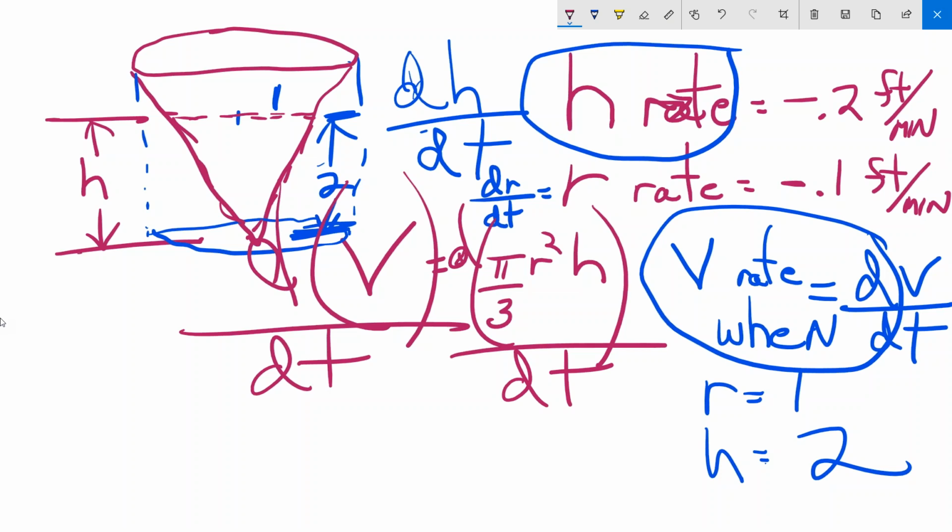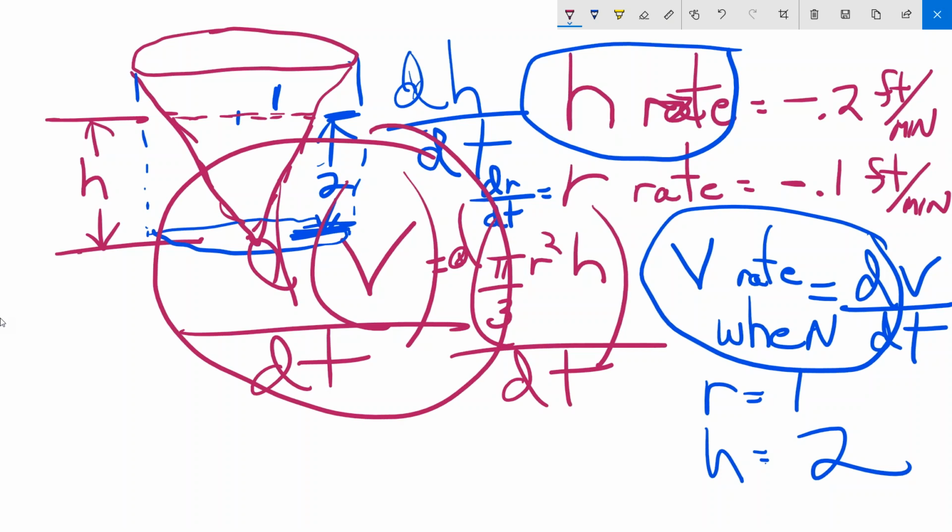So what's the left side become? What's the derivative of the outside? In other words, v is the outside.